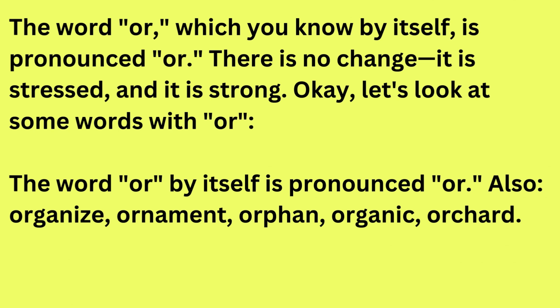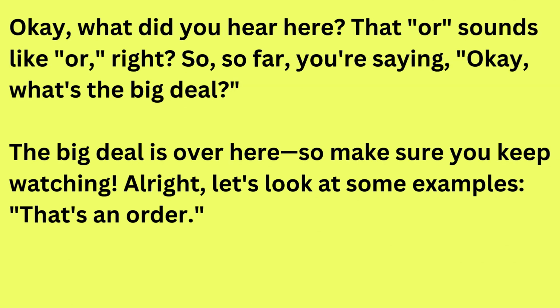The word "or" by itself is pronounced "or". Also, organize, ornament, orphan, organic, orchard. Okay, what did you hear here? That "or" sounds like "or", right? So far you're saying, okay, what's the big deal? The big deal is over here. So make sure you keep watching.